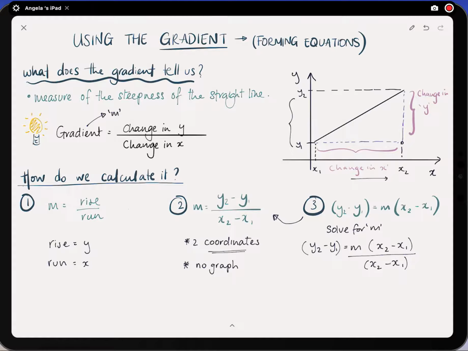That's what I'm going to do to eliminate that, which means if I do it to my right hand side, I must do it to the left. So doing that to the left hand side, I'm left with m is equal to y2 minus y1 all over x2 minus x1. And as you can see, that is equivalent to the second calculation method.